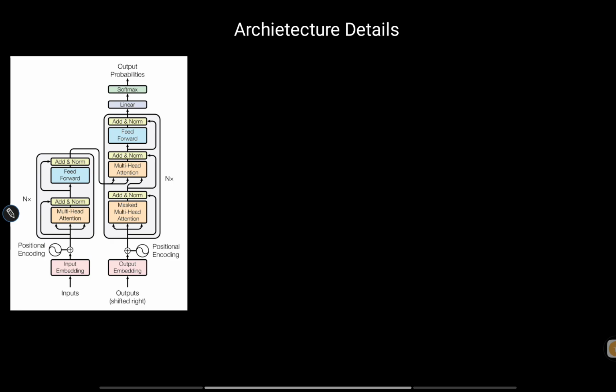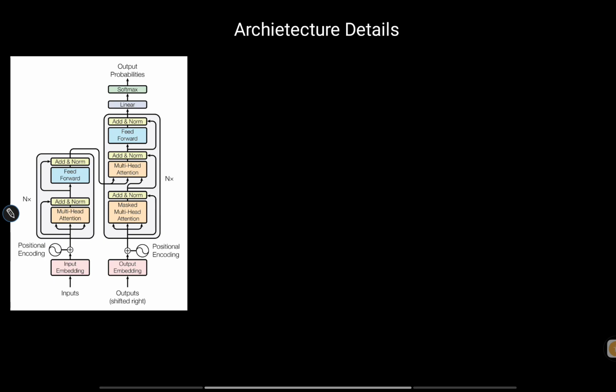In the encoder part we mainly have three things: multi-head attention, then add and norm, and then a feed forward network. This encoder side is repeated multiple times, which is why you see the Nx. Nx means it is stacked multiple times on top of each other.